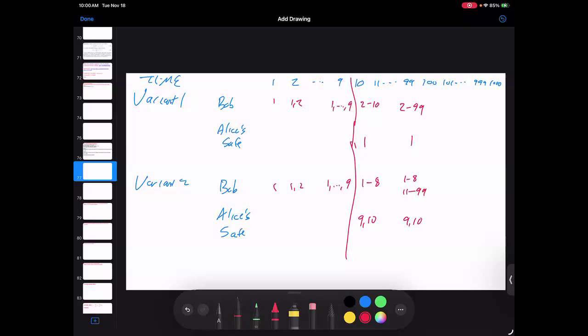And now let's see what happens. Now, at time step 100, Bob gets bill 100, and what does he give to Alice? He gives 2. So Bob now has 2 to 100, and Alice has in her safe 1 and 2. Down here, Bob has 1 to 8, 11 to 98, and gives back 99 and 100. So Alice now has 9, 10, 99, and 100.